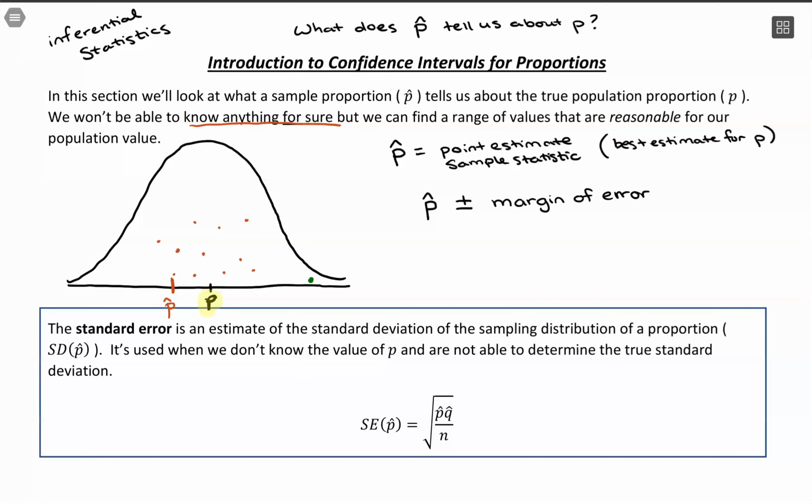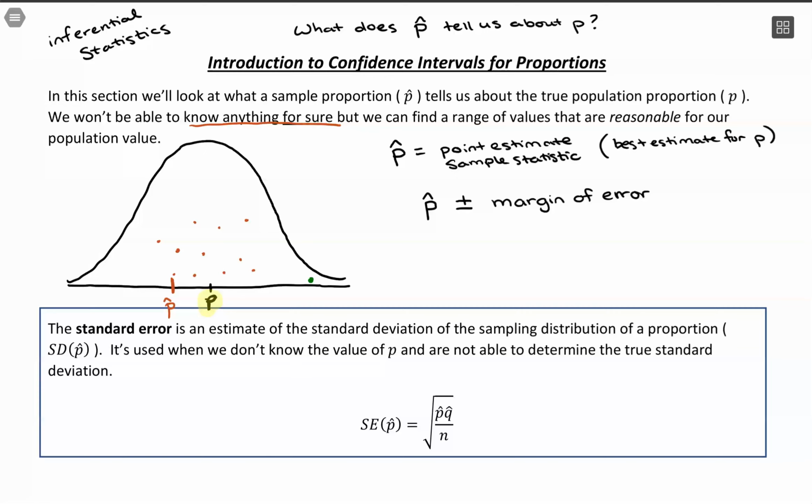So the idea being we want to go a little above it and a little below it and create this window that would hopefully be capturing our population proportion. And I know I said hopefully it captures it, but based on mathematics, we'll have an exact idea of how likely it is that we're capturing that true population proportion.